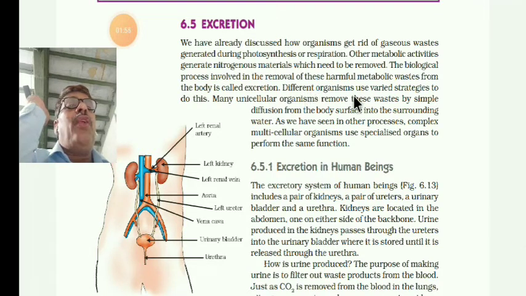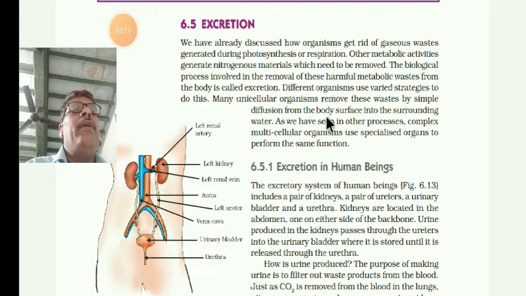Different organisms use varied strategies. Varied means different ways to do this. Many unicellular organisms remove these wastes by simple diffusion only. Simple diffusion means movement of the molecules through the cell membrane. For example, unicellular organisms remove waste into the surrounding water through the cell membrane by simple diffusion.